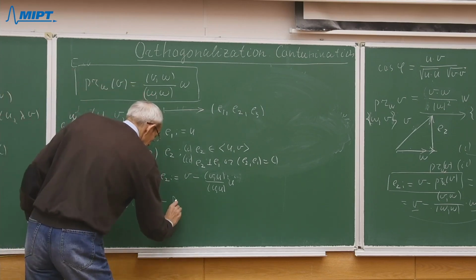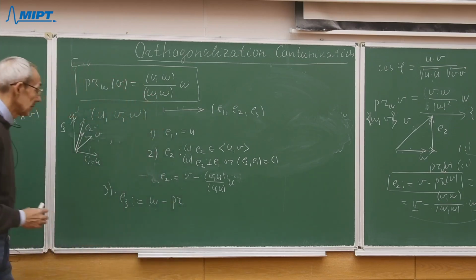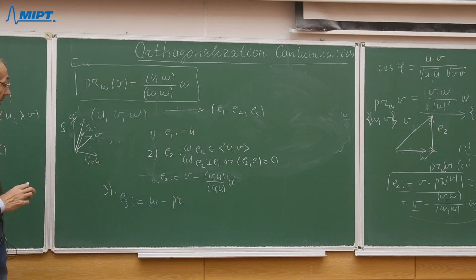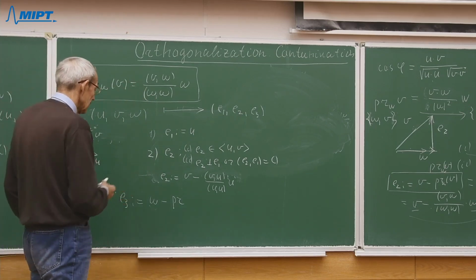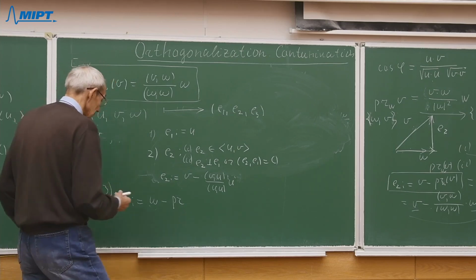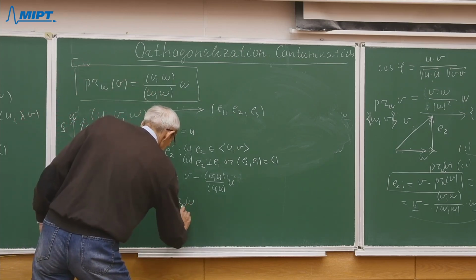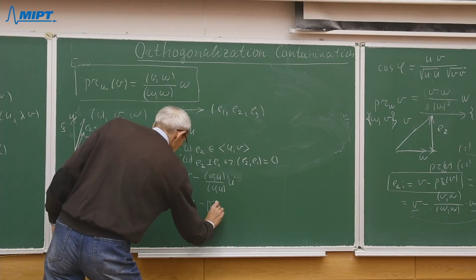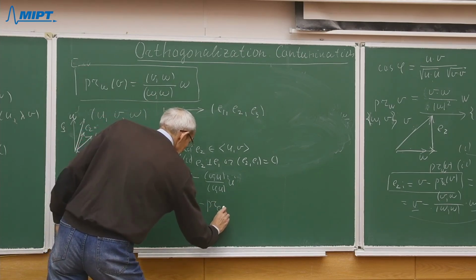And we subtract from the vector w the projections of this vector on the vectors e1 and e2.